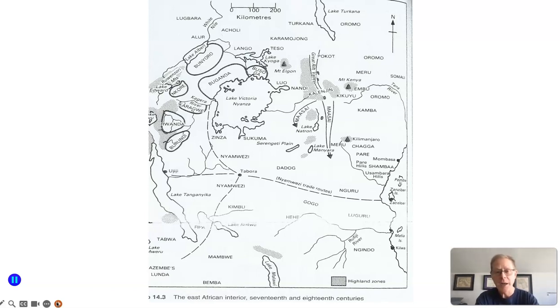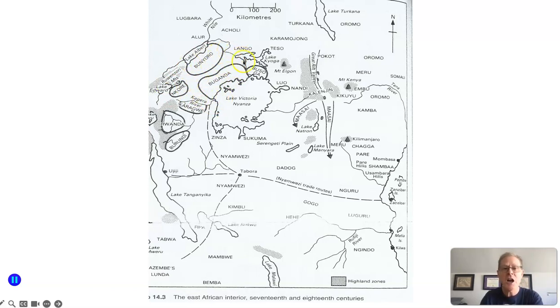If you look at this map, which is showing trade routes in the East African interior, you basically have one major trade route across what is today central Tanzania to Tabora and then on to Ujiji, and then a branch up toward, and not really reaching, these Great Lakes states.